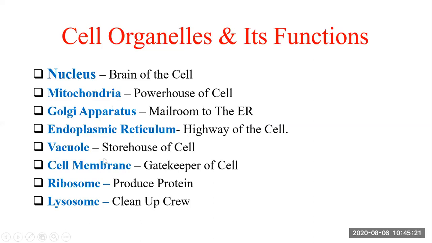The vacuole, as its main function is storage, is known as the storehouse of the cell. Cell membrane is known as the gatekeeper of the cell. Ribosome's main function is to produce protein, and lysosome's main function is cleanup, so that's why it is known as the cleanup room. You have to remember this for all of the cell organelles.